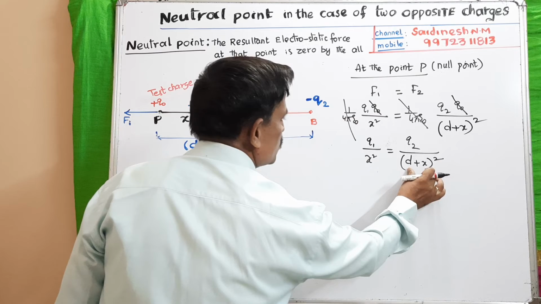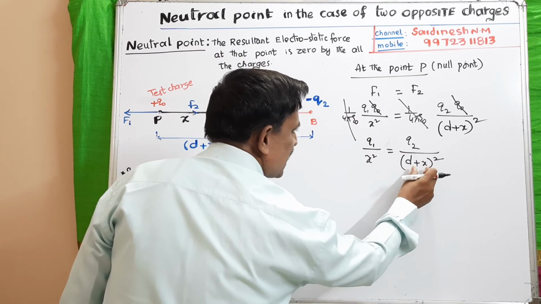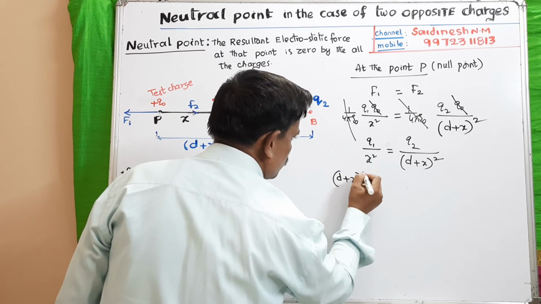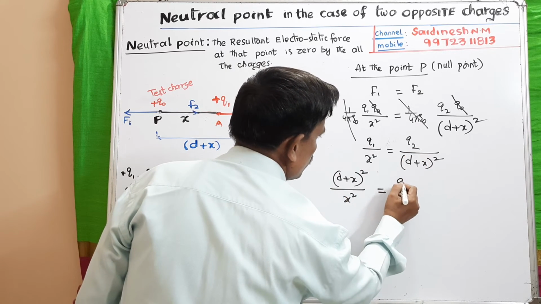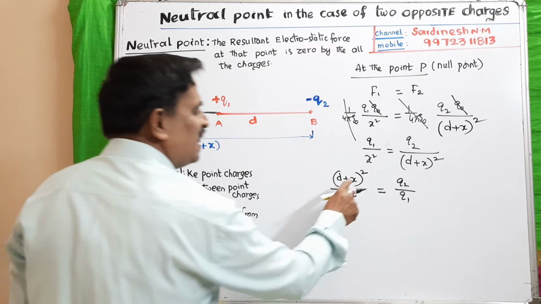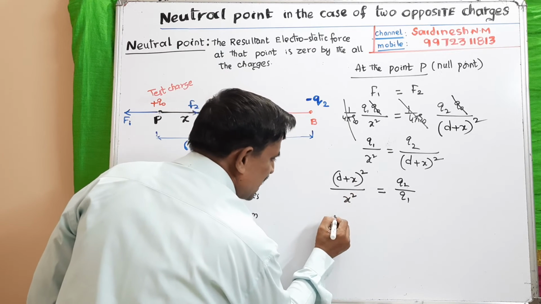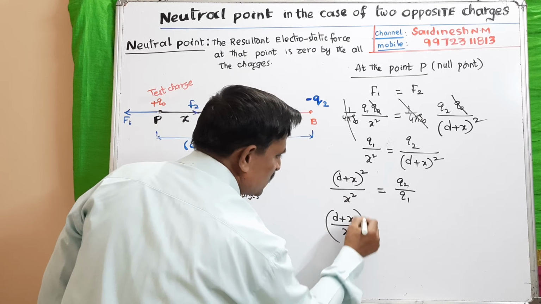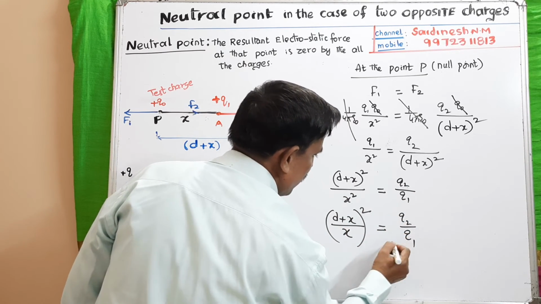d plus x whole square comes to the numerator, Q1 comes to the denominator. So d plus x whole square by x square is equal to Q2 by Q1. Now this can be written as d plus x by x, whole square, that is equal to Q2 by Q1.